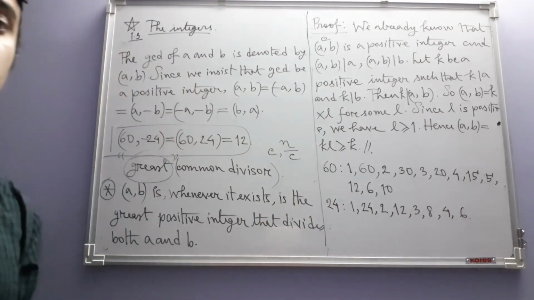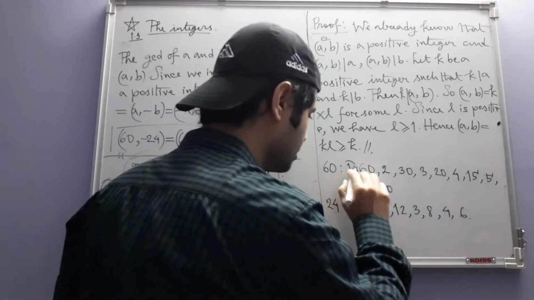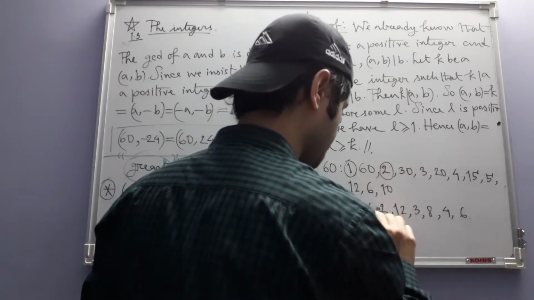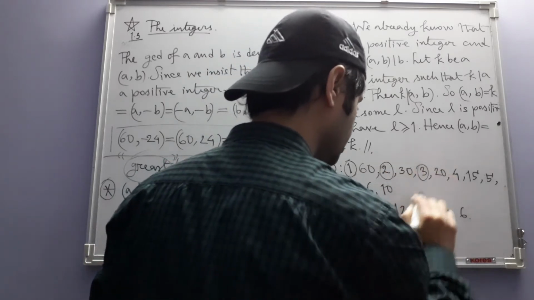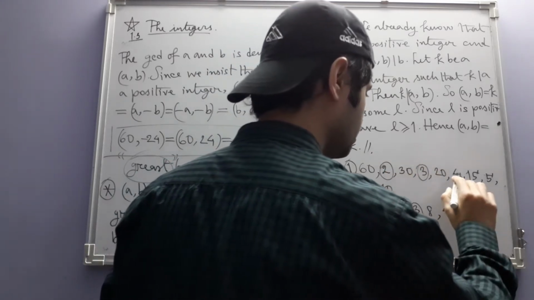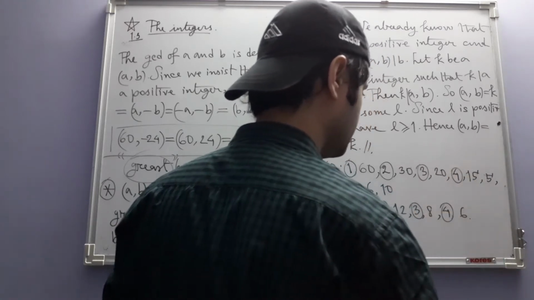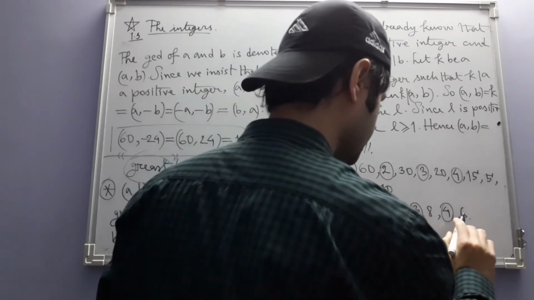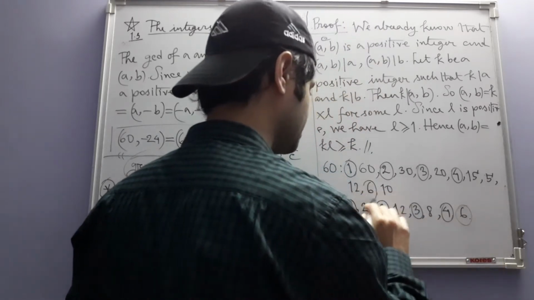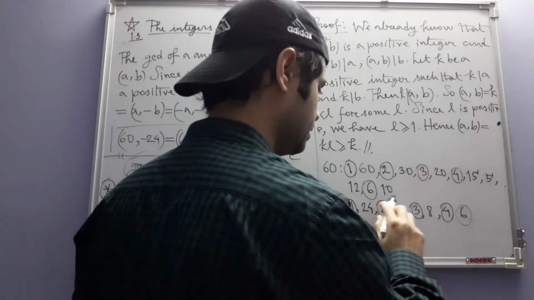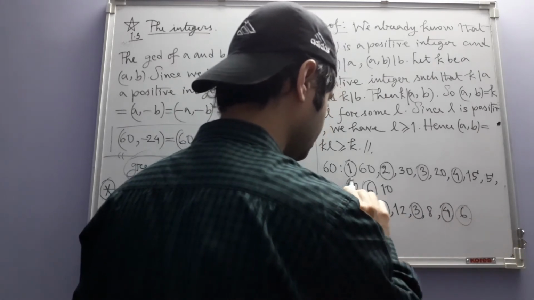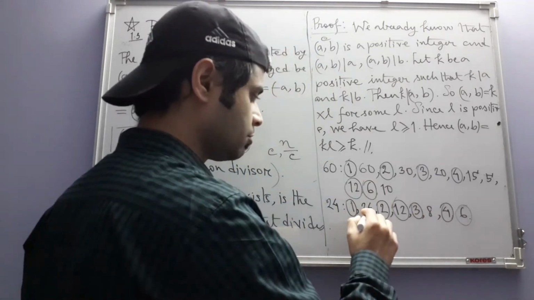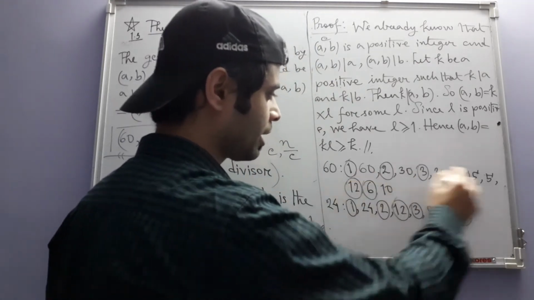Now we find the common ones. 1 is there in both the lists. 2, 3, 4, 5 is not there, 6 is there. We have 6 here as well as here. 10 is not there, but we have 12. And that's all. 24 and 8 do not appear here.